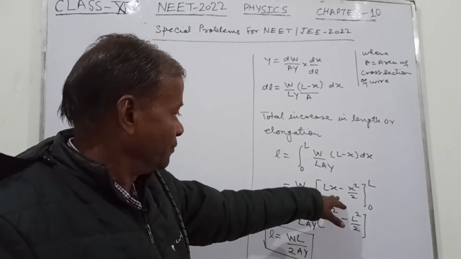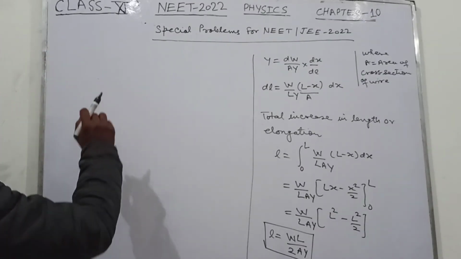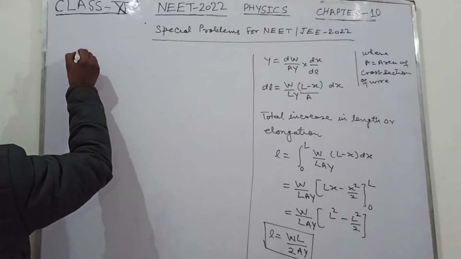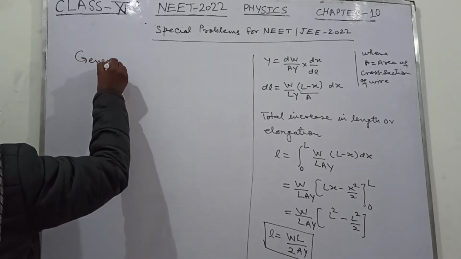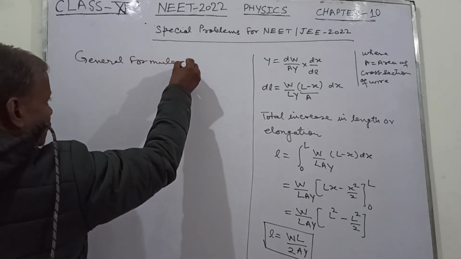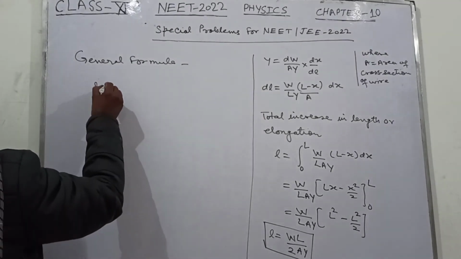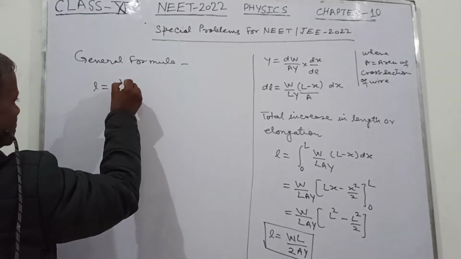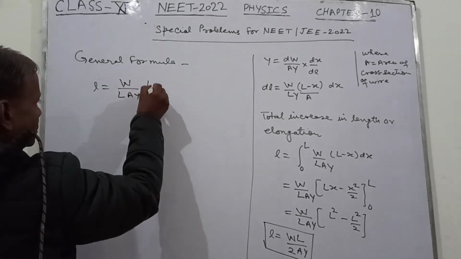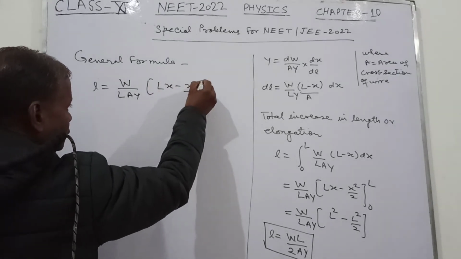Then we can have this formula, a general formula. तो जनरल फॉर्मूला हम इसको कैसे कर देंगे? Now this l is equal to W upon L A Y into (Lx minus x square upon 2).